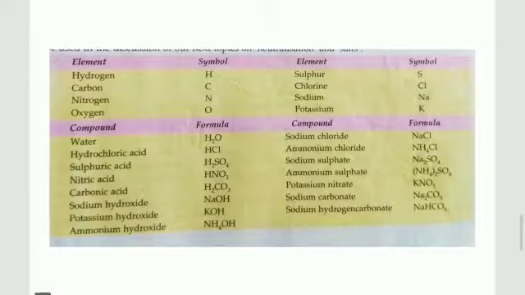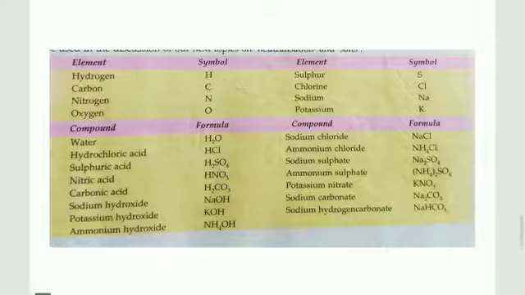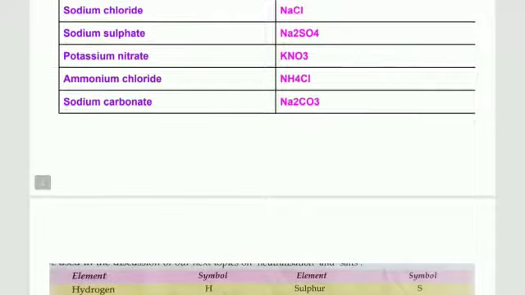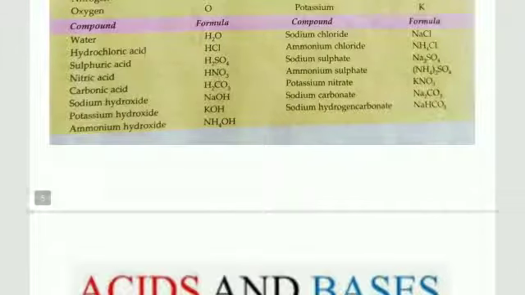Here is just a chart. You should know names of elements and their symbols, some compounds and their formulas. Water H2O, hydrochloric acid HCl, sulfuric acid H2SO4, nitric acid HNO3, carbonic acid H2CO3, that we have just called here, and the last one Na2CO3 made by H2CO3.